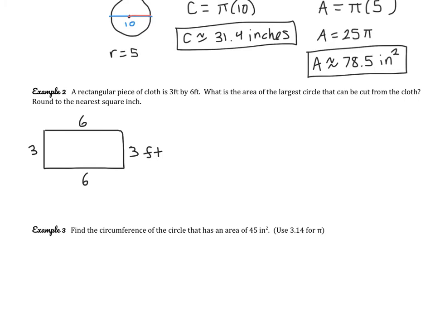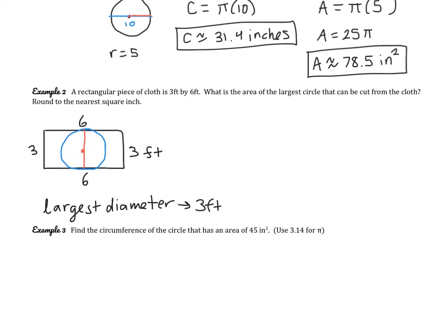We know that the limiting factor for our circle is going to be this dimension. So our circle would have to be somewhere here. It doesn't matter if it's centered directly in the middle or kind of off to the left or right. We know that this length of 3 is going to be our limiting factor. So our largest possible diameter is 3 feet.